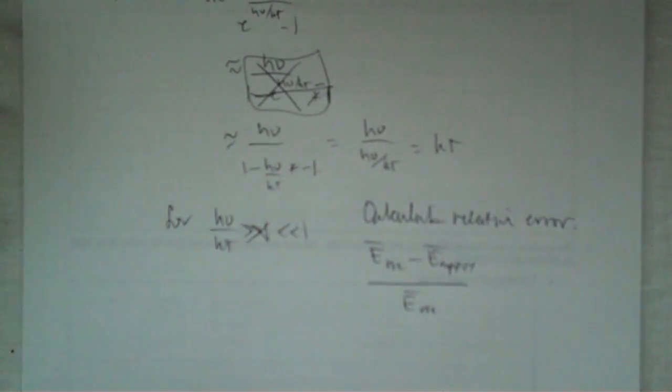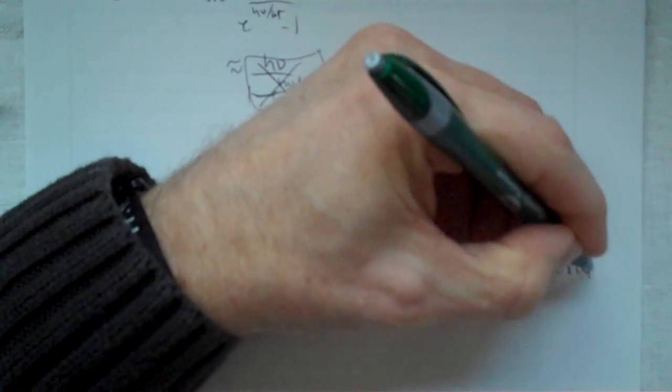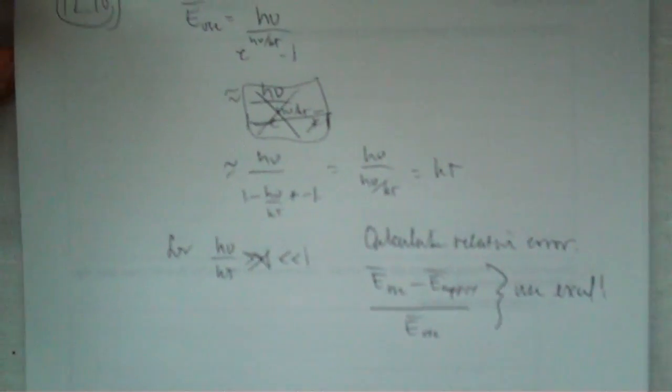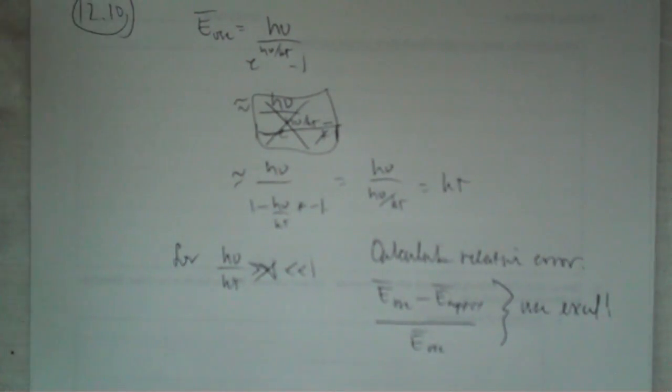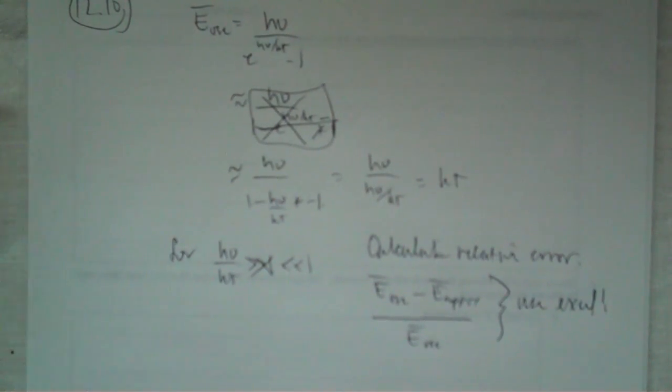Okay? That's the definition, and obviously this is going to end up just being a bunch of math, so I'm going to use Excel. But there's a deeper question here, and the question is, at such and such temperature, can you predict the sign of the relative error without a detailed calculation?